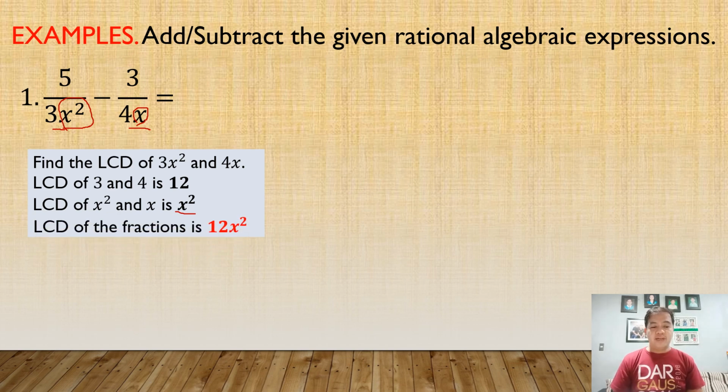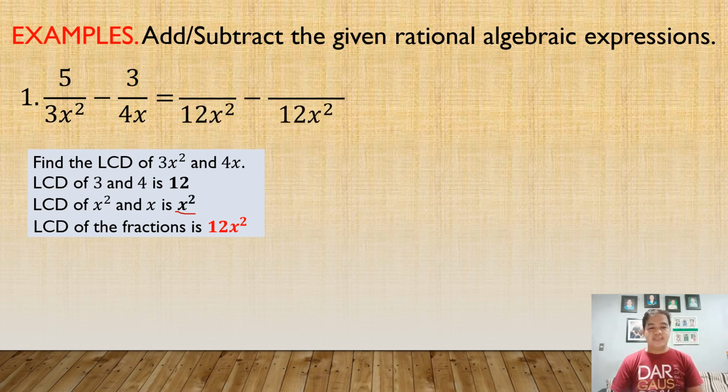Okay, so therefore, the LCD of these two fractions, pagsasamahin natin yung 12 tsaka yung x squared, we have 12x squared. Okay, so yun na yung ating LCD. Okay, and then after getting the LCD, alam na natin yung next processes, di ba? Divide and multiply. Okay, so let's continue.